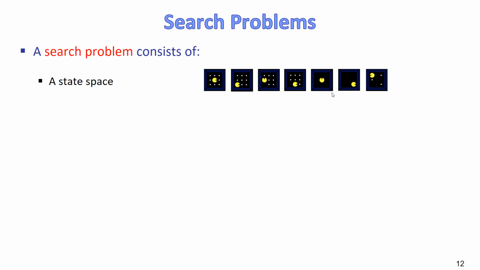So for example, in Pac-Man, any state will be the position of Pac-Man and the position of the dots and whether they are eaten or not, for example. So listing all the possible states in that world is the state space. Of course, we can just describe it. We don't have to list them all, but the space has all of these possible states.